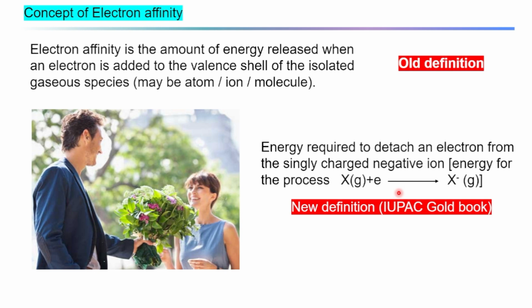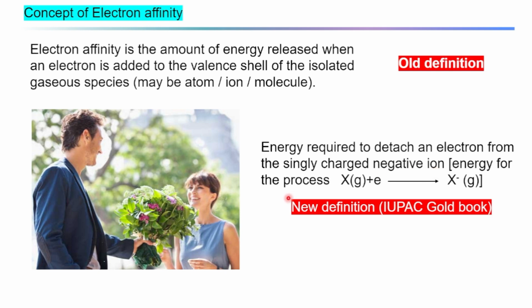So it is the same thing: you are adding an electron to the atom, or you are detaching an electron from the singly charged negative ion. You have already added the electron to the atom, and now you are detaching that extra electron. So it is just two different ways to look at the same incident.